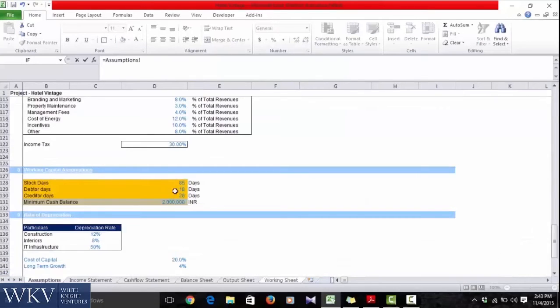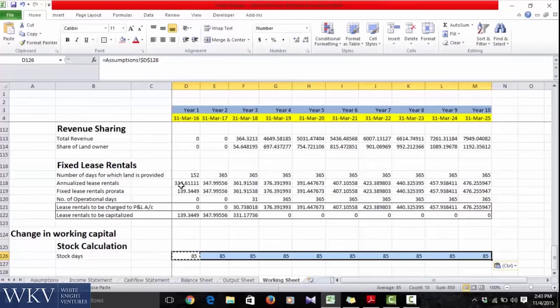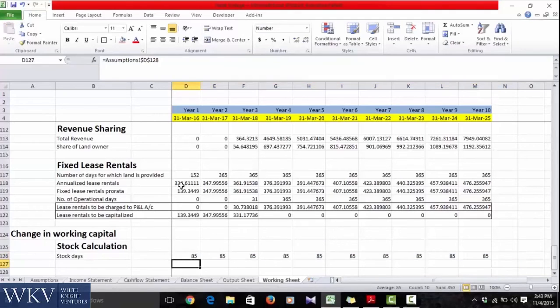The stock days is linked from the assumption sheet. For closing stock calculation, we need purchases, which are a sum of spa and F&B expenses only.